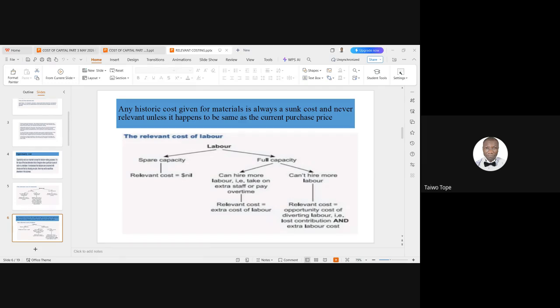So it does not affect your decision as of today. Except where it is what? It is an extra fixed cost that will result from the decision you want to take now. So when it is extra fixed cost, that extra will be relevant. So only the increment should be recognized as being relevant to the decision you want to take.